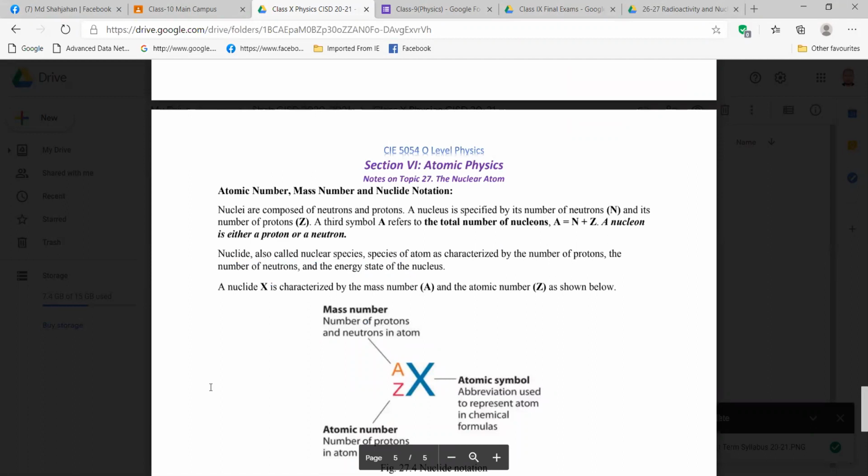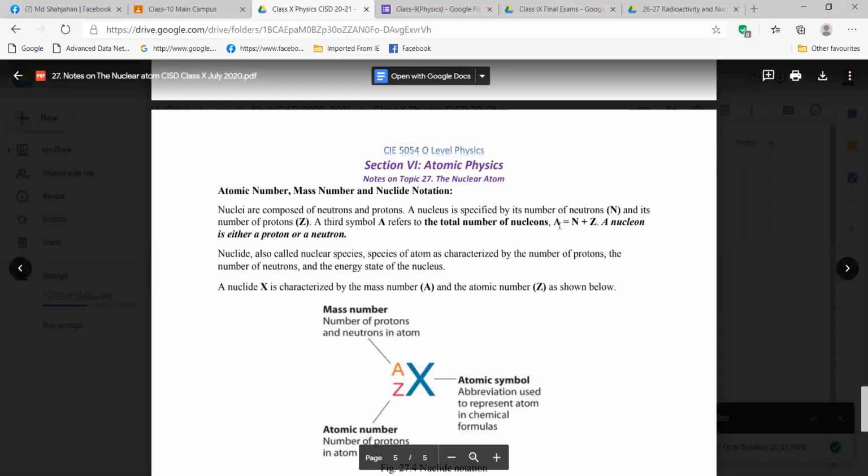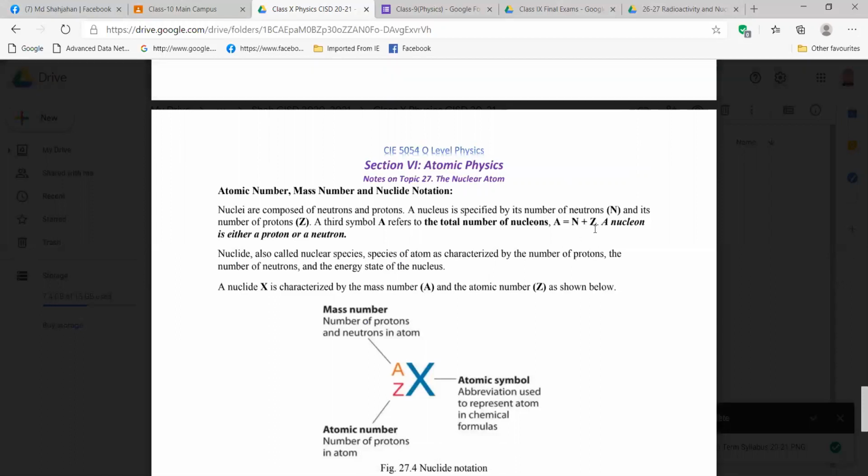I already told you what atomic number is. The number of protons is the atomic number, represented by Z. The number of neutrons is represented by N. The number of nucleons, or mass number, is represented by A. So A equals N plus Z. Got it?